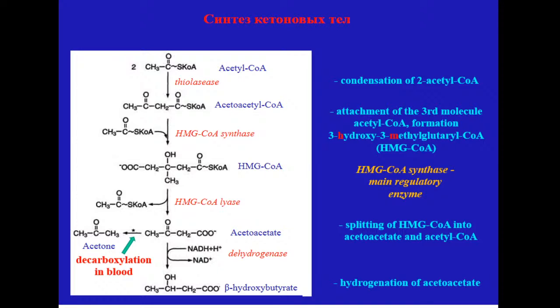non-usable, non-useful for us, and we will excrete it together with urine, because the renal threshold for the ketone bodies is very low, and together with the evaporated water, with our breathing, so acetone will go away. We are excreting it with urine, with sweat, with the air.